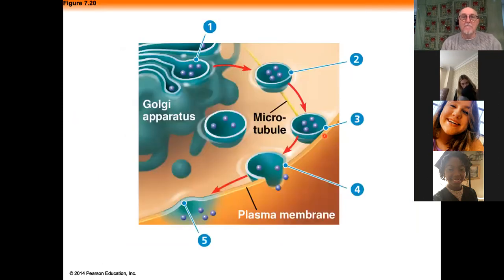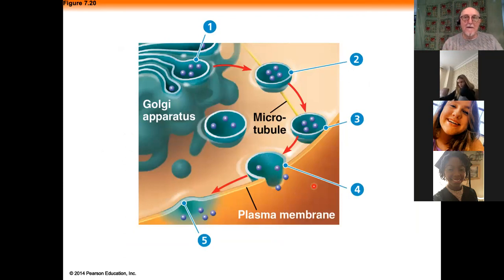Okay, so I won't spend much time on this. Just remember, please, the processes of exocytosis, pushing stuff to the outside, endocytosis, taking stuff in to the inside, and pinocytosis, little small sips, tiny vesicles that pull in material from the outside.